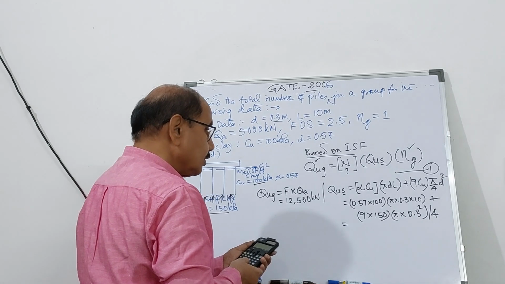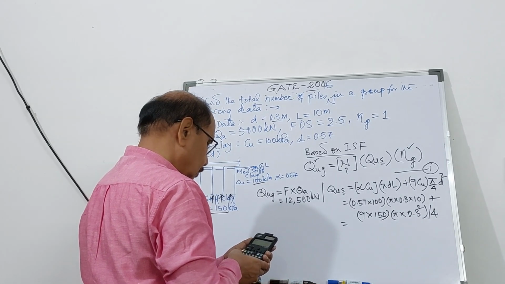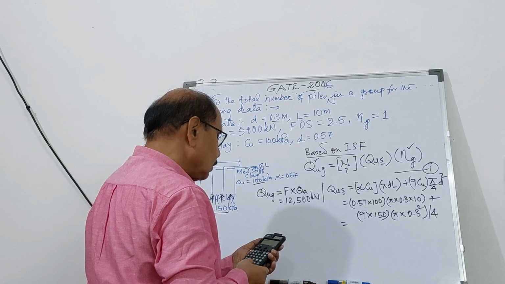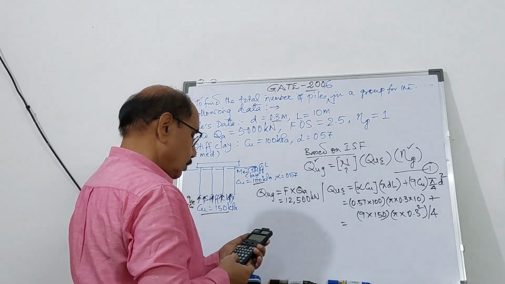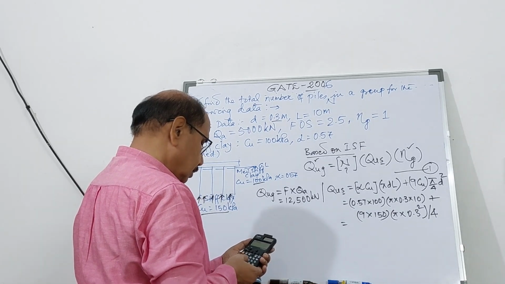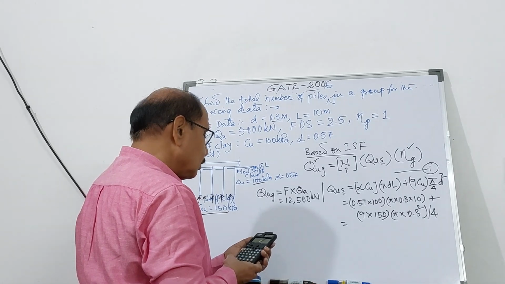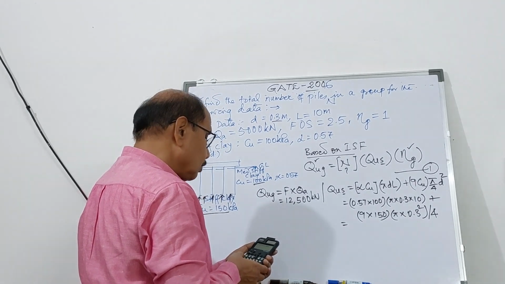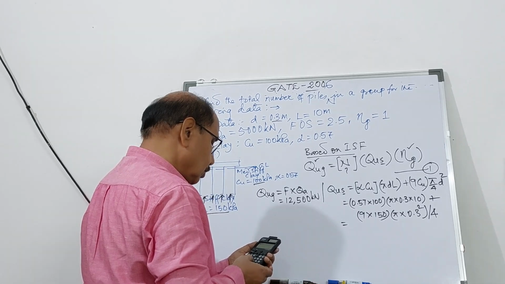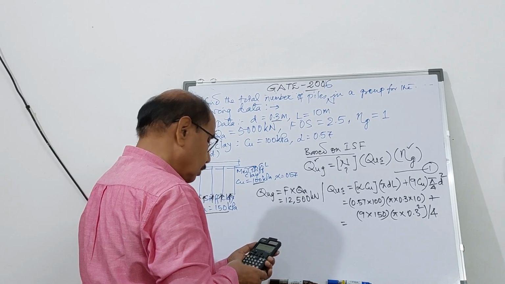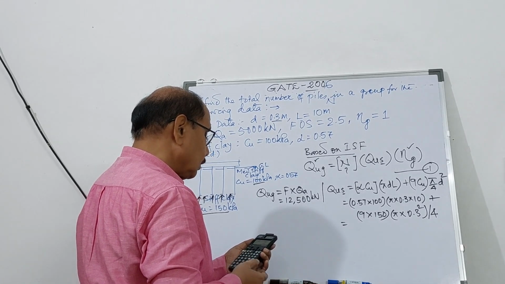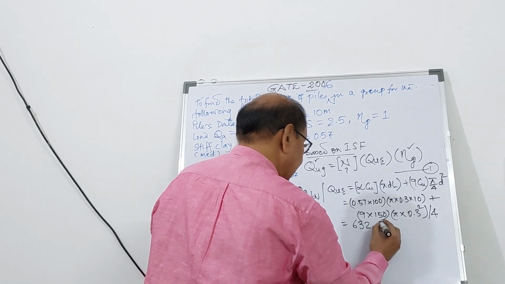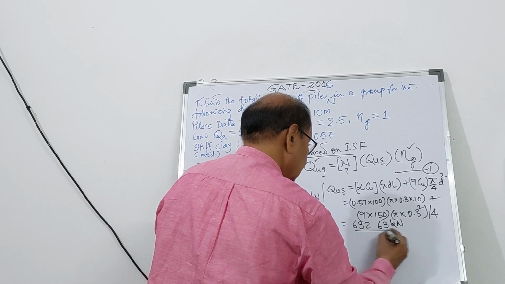So 0.57 plus, this gives you 632.63 kilonewton for a single pile.